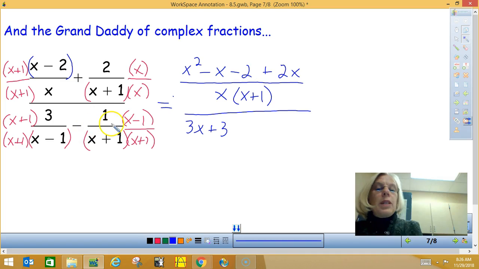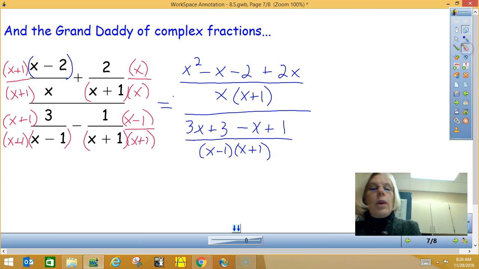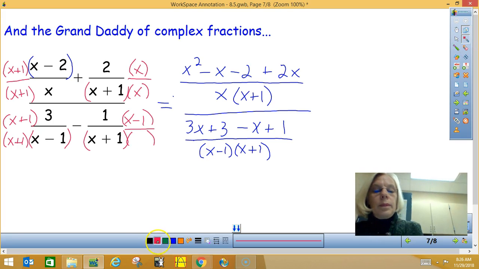And now we have to be careful because we're subtracting a quantity. We're subtracting x minus 1, so that means it's minus x plus 1, all over our common denominator of x minus 1, x plus 1. I see that I wrote a mistake here. This is x minus 1. I did it correctly in the numerator, so I'm all set.